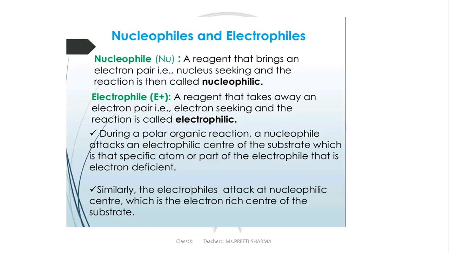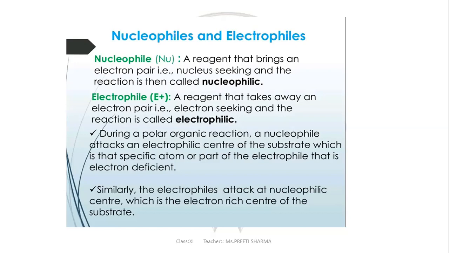All the positively charged species or electron deficient species are known to be electrophiles, such as H positive, Cl positive, nitronium ions, NO positive, NO2 positive, and the neutral ones, whose central atom is electron deficient according to the Lewis concept.